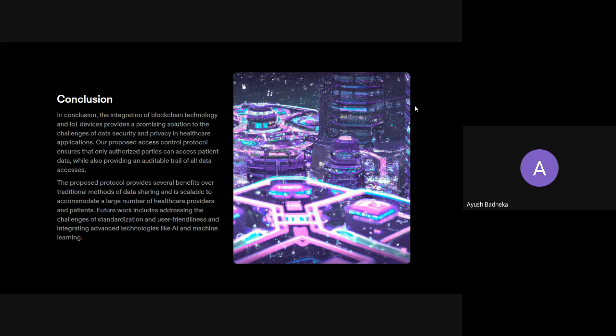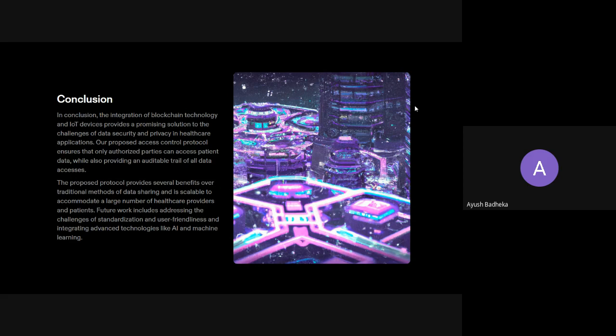ABAC allows for more granular access control decisions, but it requires a more sophisticated infrastructure, or a system which does not have many sub-organizations, to manage attributes. CBAC is the most flexible access control protocol, but it also requires the most sophisticated infrastructure to manage context-based policies.